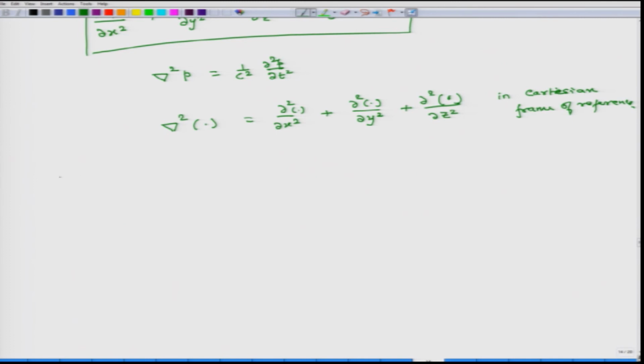If we use a different frame of reference, let us say a spherical frame of reference, the equation in terms of this del square still remains the same.